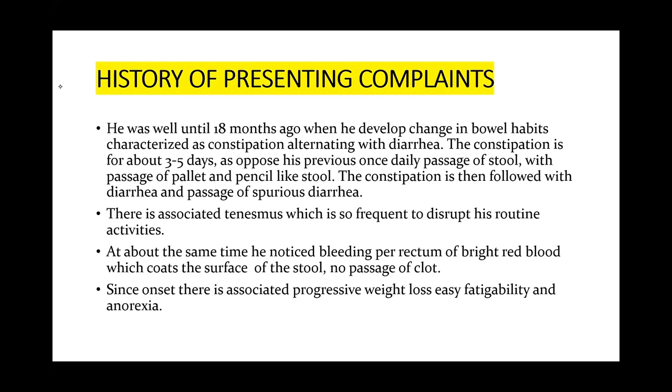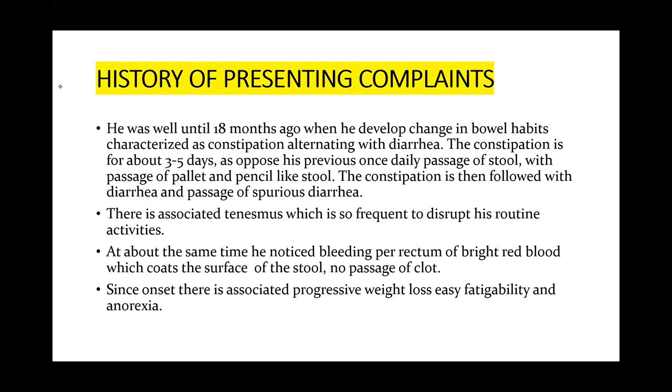He was apparently well until 18 months ago when he developed change in bowel habit, characterized as constipation alternating with diarrhea. The constipation is for about 3 to 5 days, as opposed to his previous once daily passage of stool, with passage of pellets and pencil-like stool.